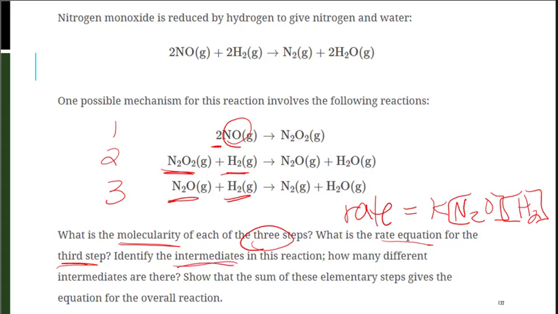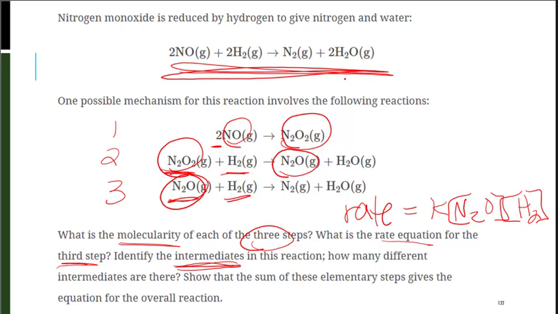It wants to identify the intermediates in this reaction. Well, one intermediate would be this N2O2, and the other intermediate would be N2O. We know that because those are not seen in the overall equation, and because they're on the left and the right side, they cancel out. Those are intermediates. Now let's show that the sum of these elementary steps gives us our overall reaction.